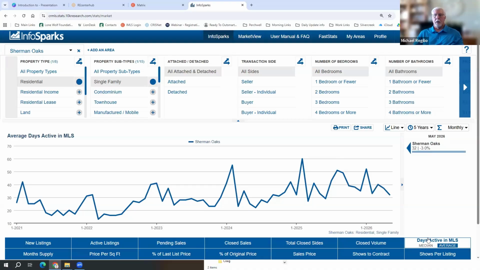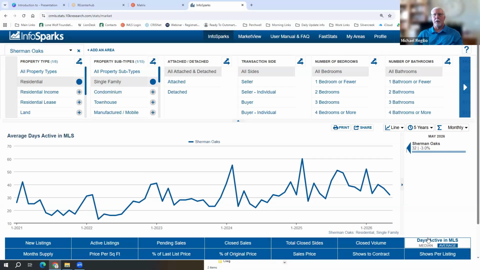Last year, CRMLS changed the naming of the field from days on market to days active in the MLS. They did that to create a more true picture of what's happening for that property. When a property's on coming soon, on hold, or in pending, those aren't active statuses, so the days active in the MLS doesn't add.